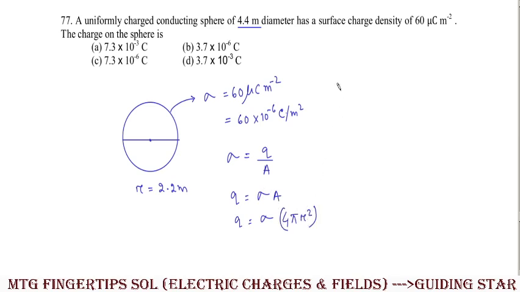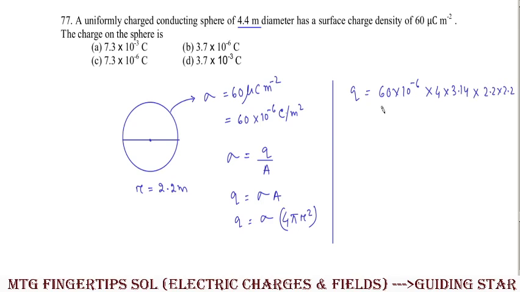So q is sigma, 60 into 10 to the power minus 6, into 4, into pi which is 3.14, into radius squared, 2.2 into 2.2.